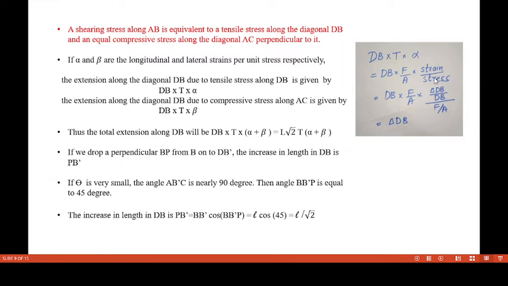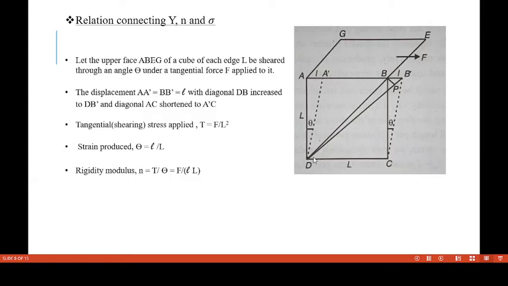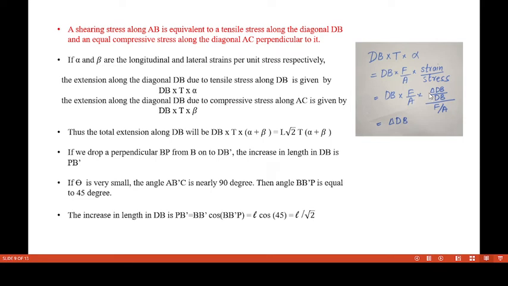Let the change in dimension along dB be delta dB, and the original length is dB, and the stress is force upon area, and these force upon area terms can be cancelled, and the remaining term will be delta dB because dB and dB get cancelled.